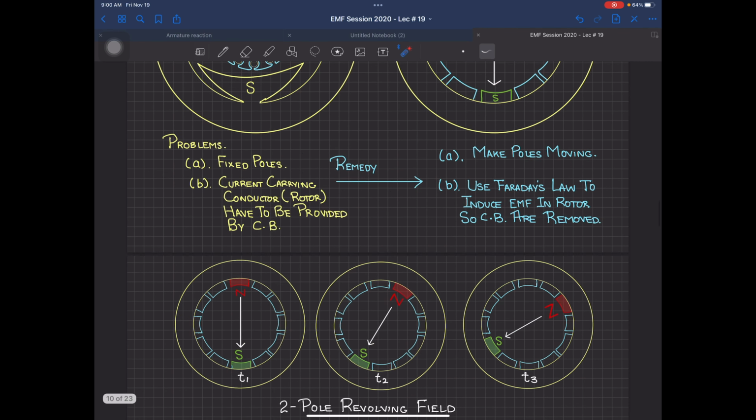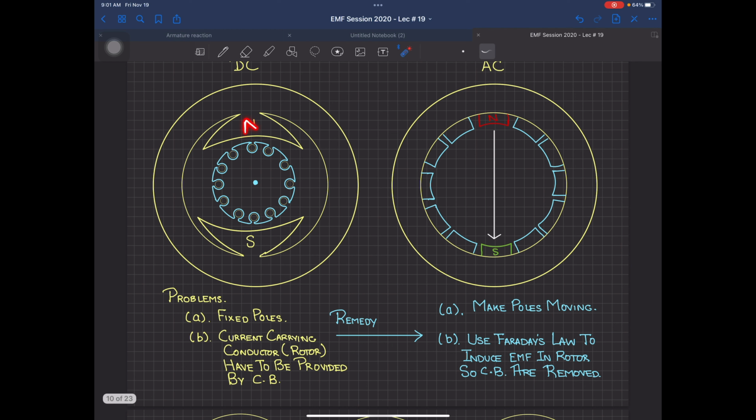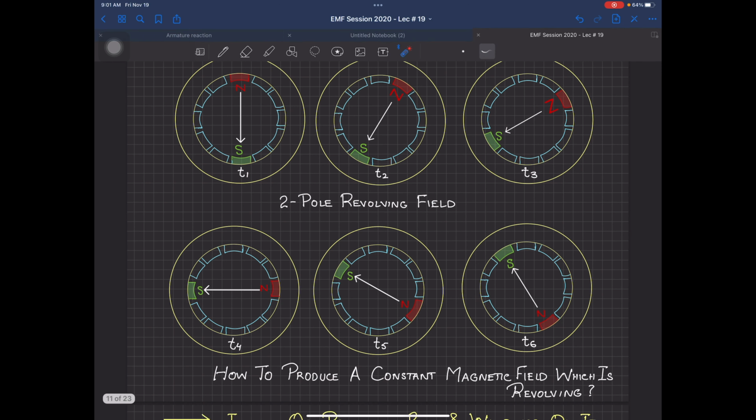Why? Because in your DC machine, what was it? You had a field current and this north and south pole was producing a constant magnetic field. Here same, you want a constant magnetic field which is revolving. Now, by revolving, we are doing 2 things over here. By revolving, we are avoiding that commutation problem. We don't need to actually do that shifting of the commutator. And secondly, how Faraday's law of electromagnetic induction works.